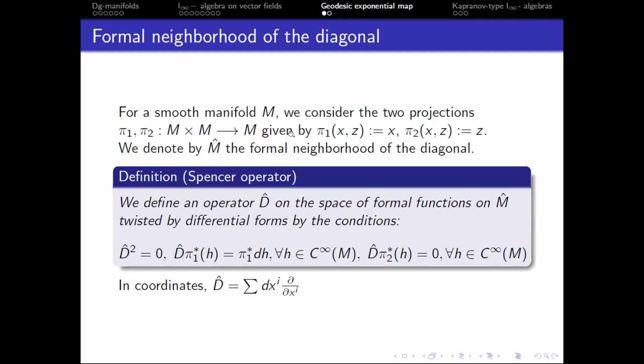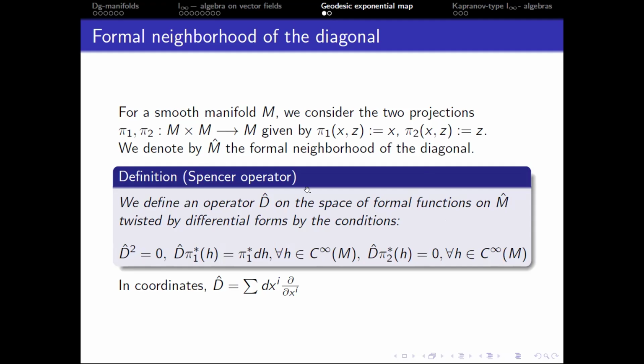In some way, you can think of this type of function as a Taylor polynomial of a smooth function on M. That's mainly the idea of this formal neighborhood.